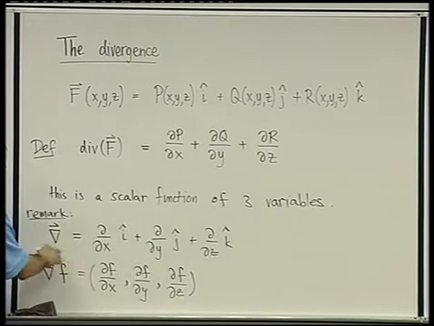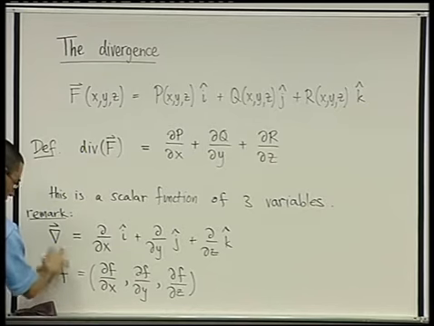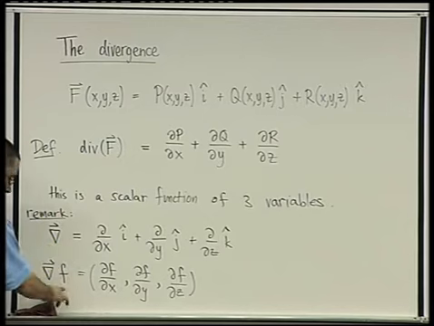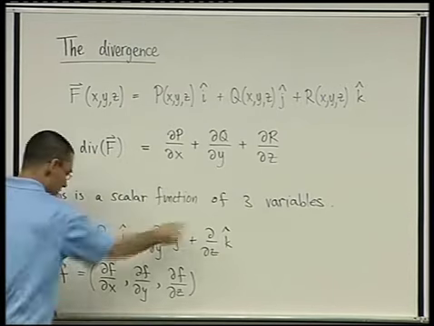Do you see why it makes sense to think of this derivation operator, which we called nabla, as serving as the gradient? It does precisely that. Okay, you plug in f and you get this.